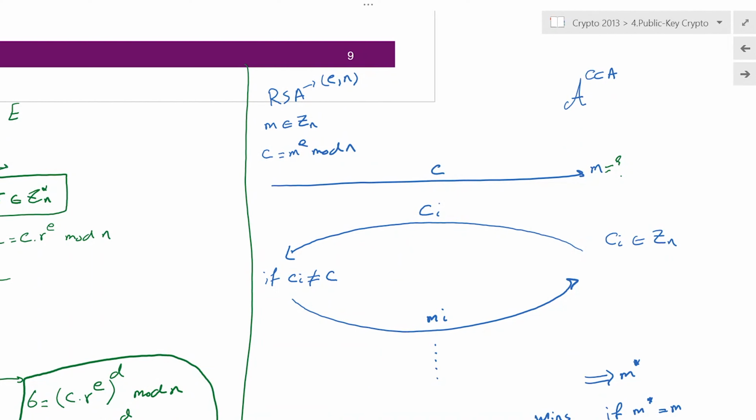It wouldn't make sense. So the algorithm would make sure that they can query about any ciphertext except for the one that the crypto system has chosen as a challenge, and then it would return the corresponding message for every query that the adversary would make.